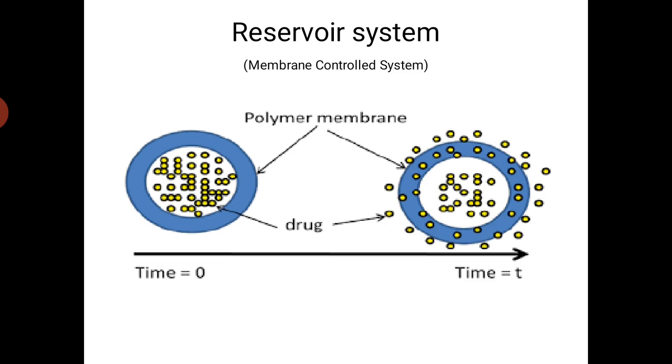That means if we consume the tablet, we do not have direct access to the core, but only to the membrane. We have to permeate this membrane, then only can we reach the core.